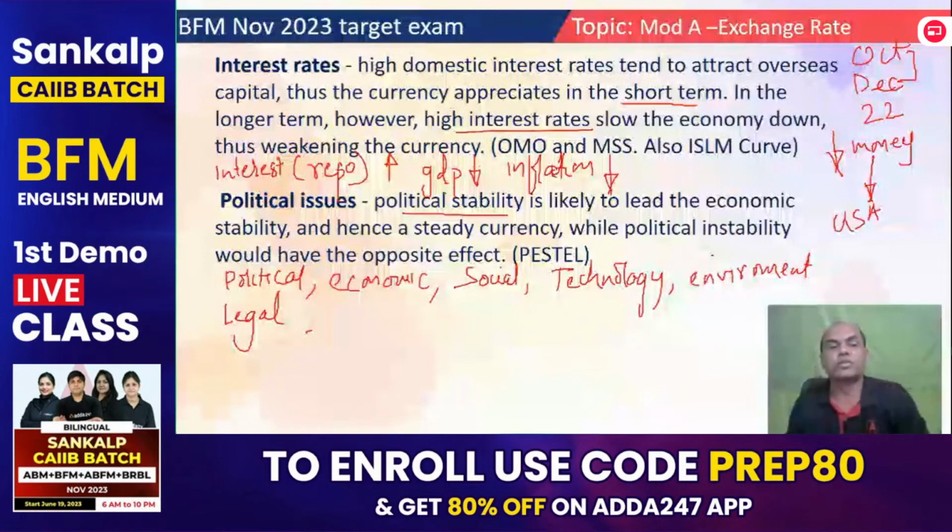Political issues. Political stability is likely to lead to economic stability, hence a steady currency, while political instability will have the opposite effect. In any country, suppose I ask you to invest in Sri Lanka, will you invest? No, because there is political instability.